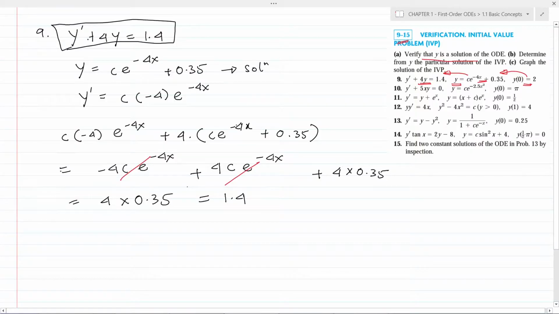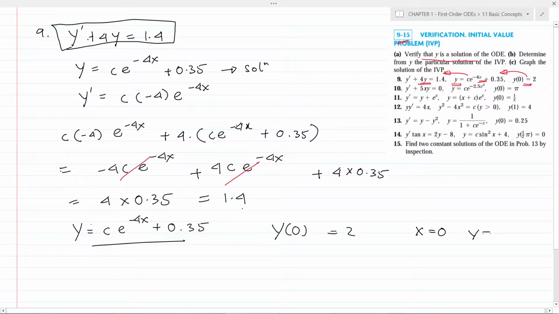Now we will substitute the initial value condition into the general solution and we will evaluate the value of c. We have been given that the general solution is c e^(-4x) + 0.35. We have been given the initial condition y(0) = 2. That means when x = 0, y = 2.